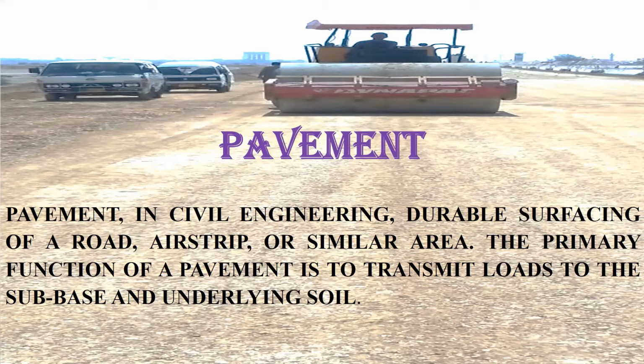The primary function of a pavement is to transmit loads to the subbase and underlying soil. We are providing a durable surfacing of a road on which traffic or vehicles can move, and the major function is to transmit loads to the subbase and underlying soil.